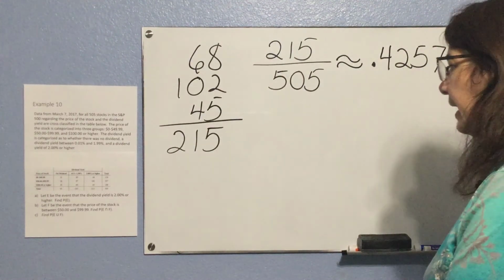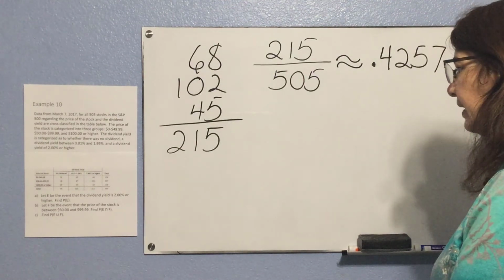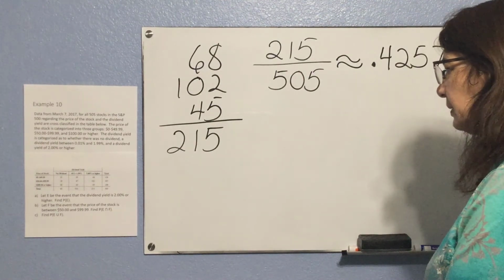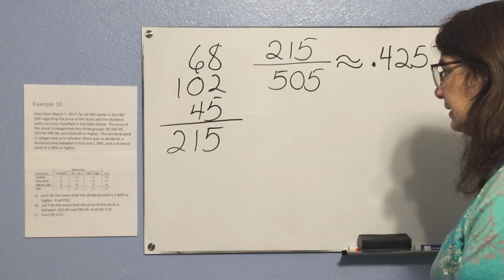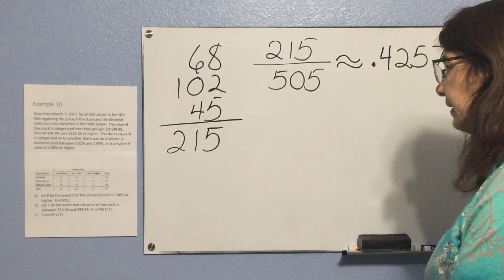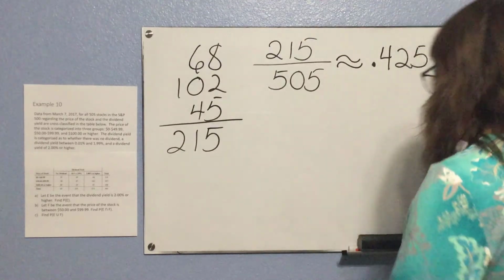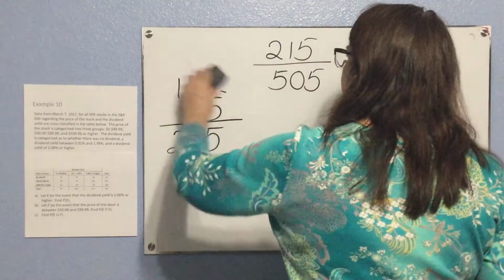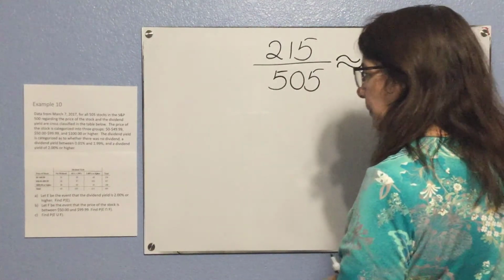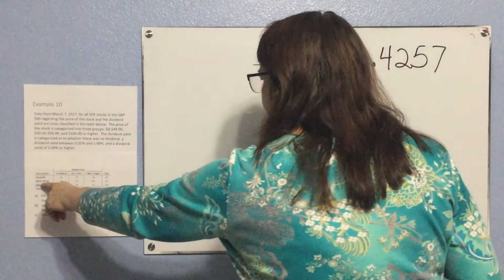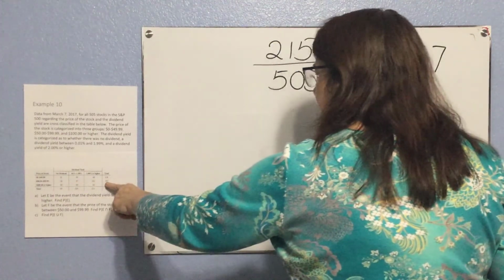Okay, Part B asks, let F be the event that the price of the stock is between $50 and $99.99. Find the probability of E intersect F. So we find the information about price between $50 and $99.99 in this row.